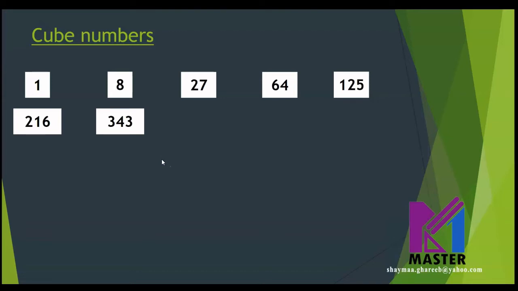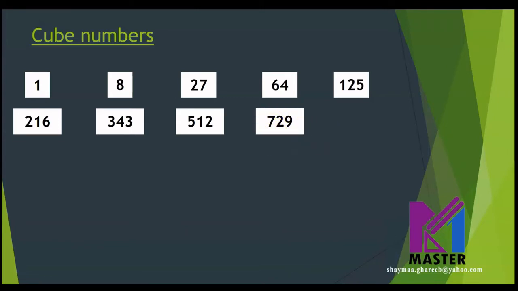Let's try to multiply number 8 by itself 3 times. 8 times 8 equals 64. 64 times 8 equals 512. Now, let's try number 9. 9 times 9 equals 81. 81 times 9 equals 729.